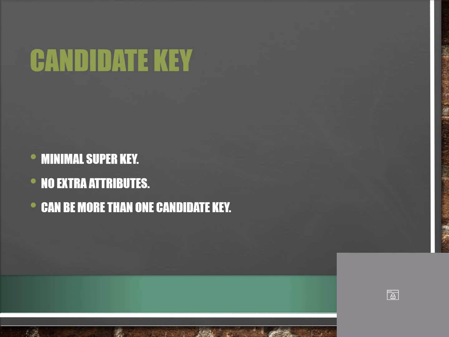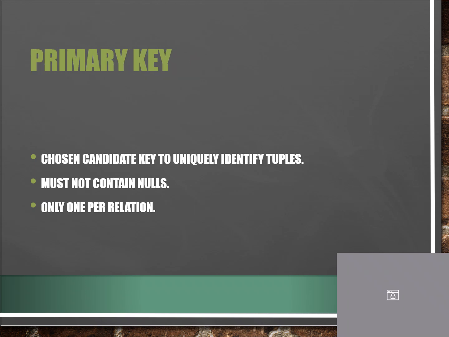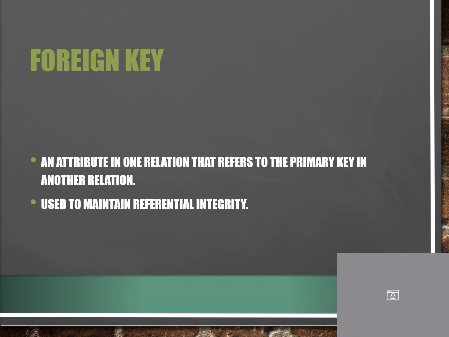The next slide is the primary key. It is a chosen candidate key that uniquely identifies tuples, must not contain nulls, and there is only one per relation. The next slide is the foreign key, an attribute in one relation that refers to the primary key in another relation, which is used for referential integrity.